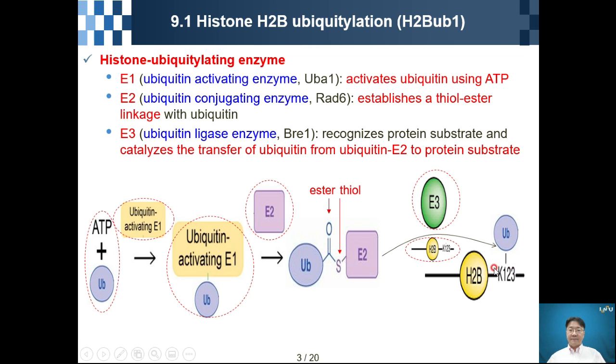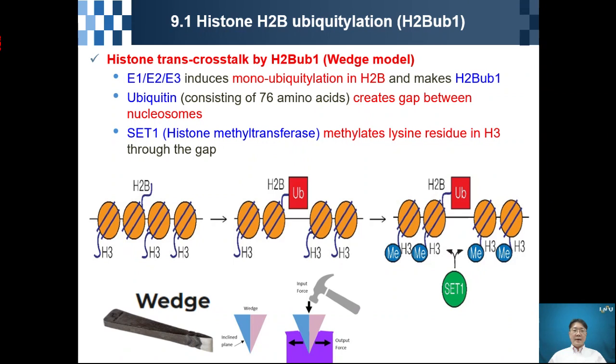It's like this. In this slide and the next slide, I will explain the histone trans-crosstalk by H2B UB1. Trans-crosstalk means that crosstalk happens between H2B and H3.